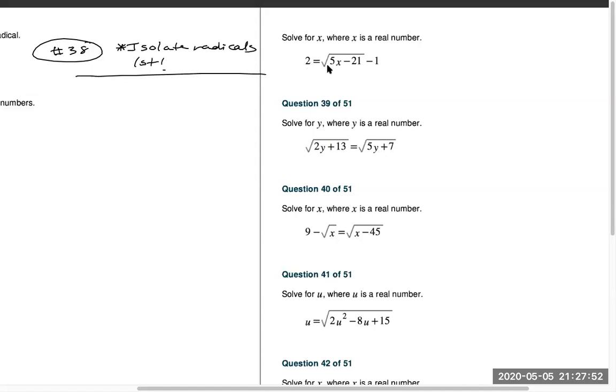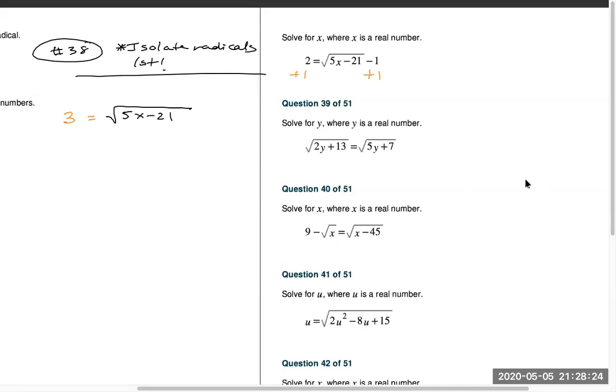So first thing I'm going to want to do with this particular problem is add 1 over to each side. Then I have 3 equals root 5x minus 21.